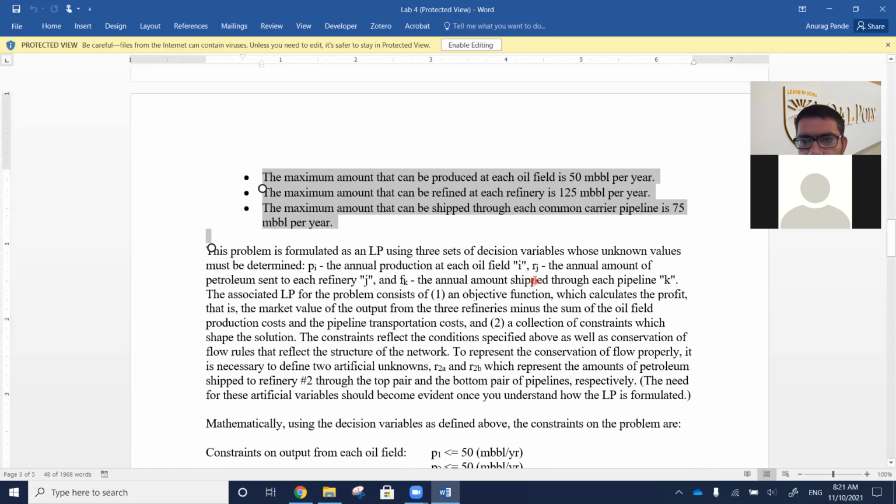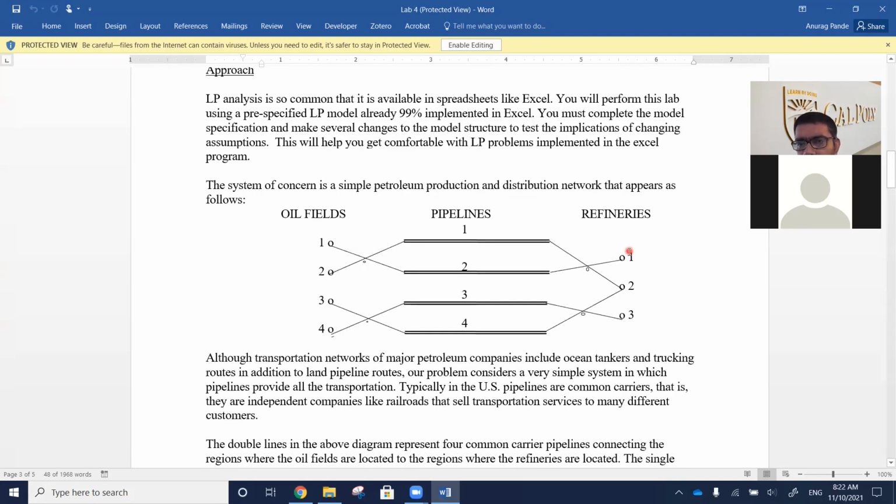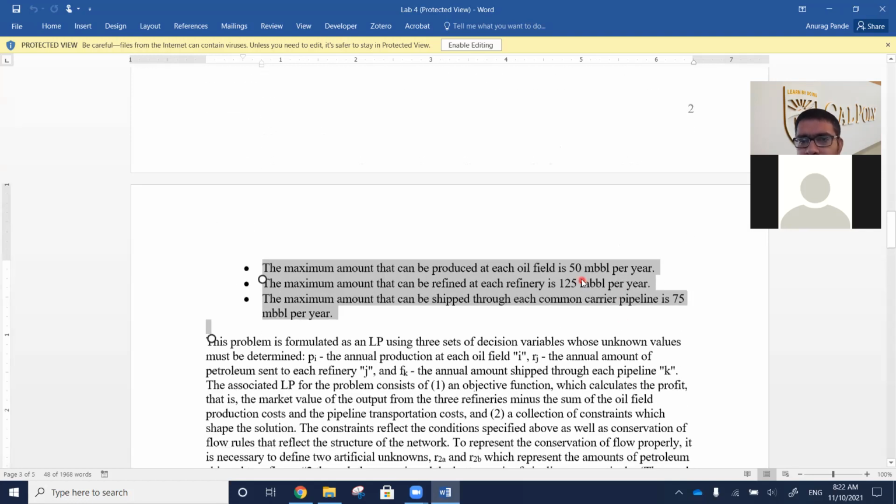R_j is the annual amount of petroleum sent to each refinery: R1, R2, and R3. And we know what the constraints are on these values. P1, P2, P3, and P4, each of these individually have to be less than or equal to 50 million barrels. Refineries R1, R2, and R3 have to be less than or equal to 125.